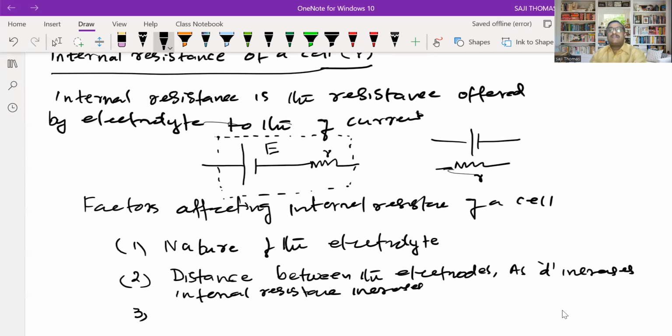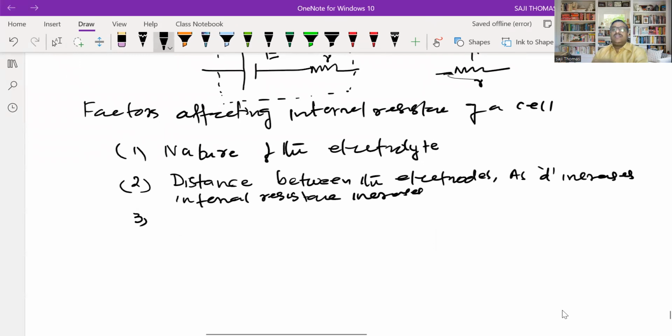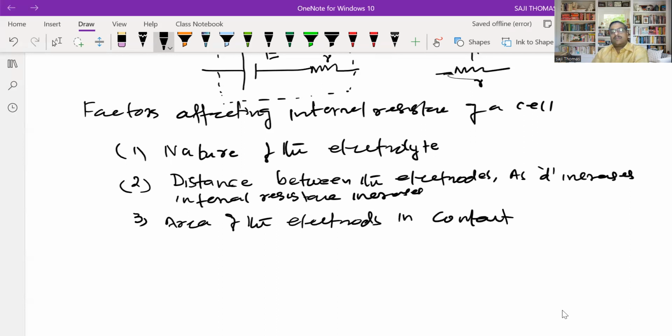Third one is the area of the electrodes in contact with the electrolyte. If the area in contact with the electrolyte is more, internal resistance decreases.